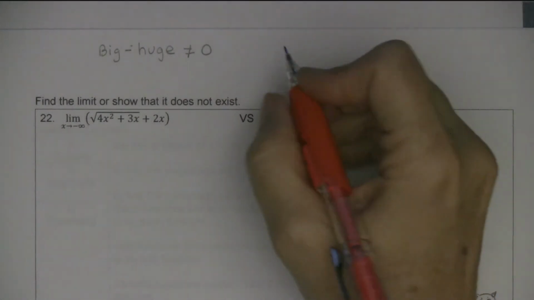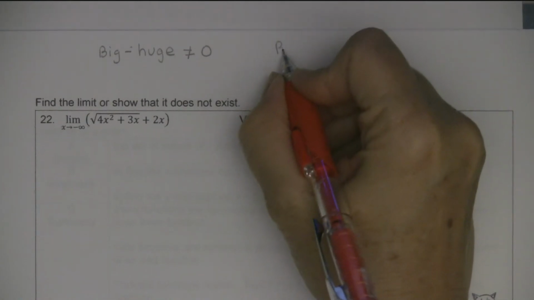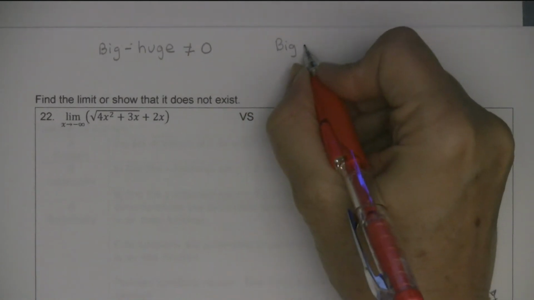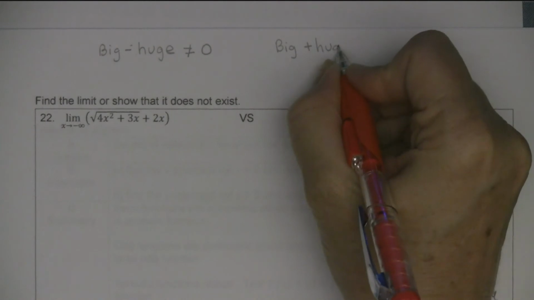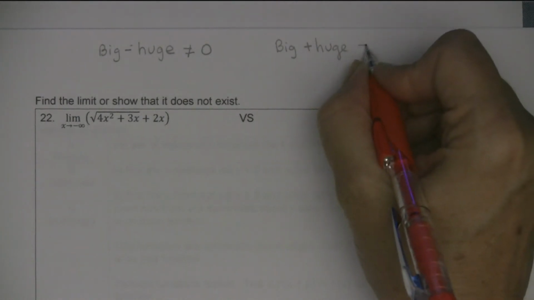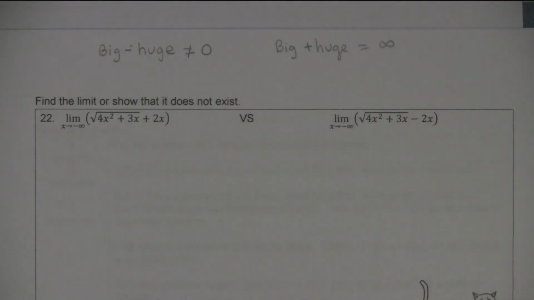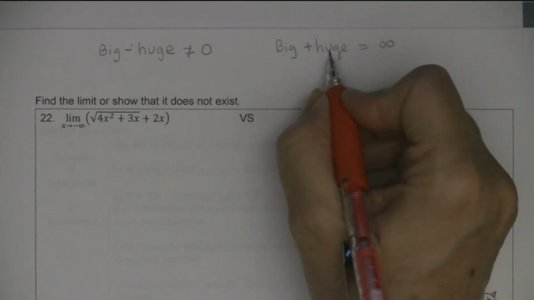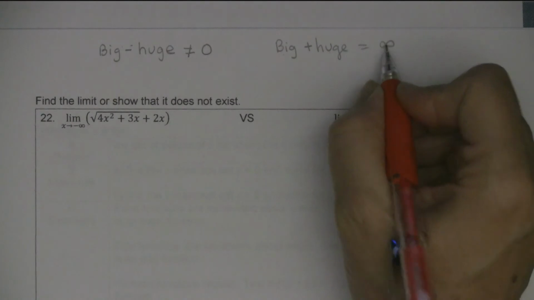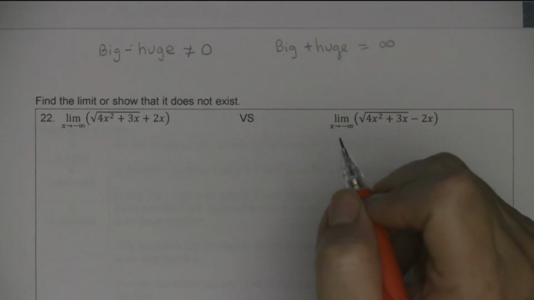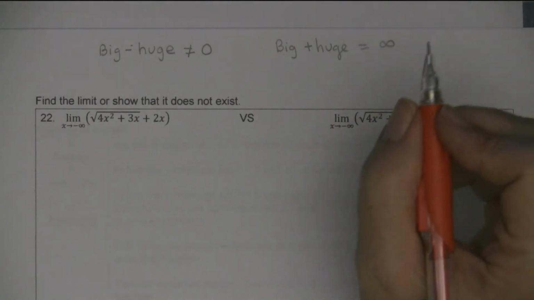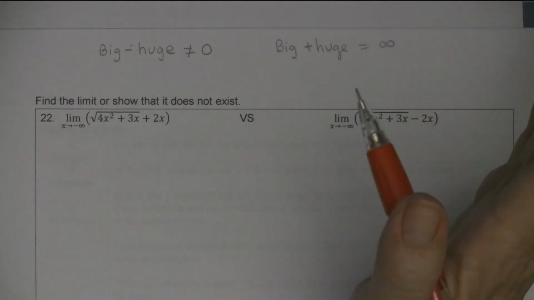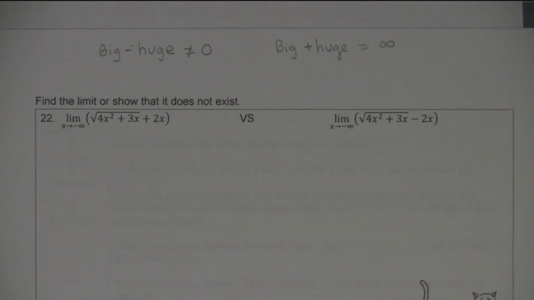On the other hand, I could take something that's big and add something that's huge to it, and I can tell you that that's equal to infinity, right? If I get something really big and I add something really huge to it, that's going to be infinity. This is going to be the biggest, right? And so that's what kind of happens in this problem here.